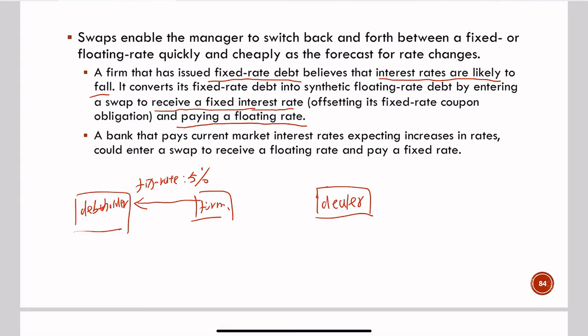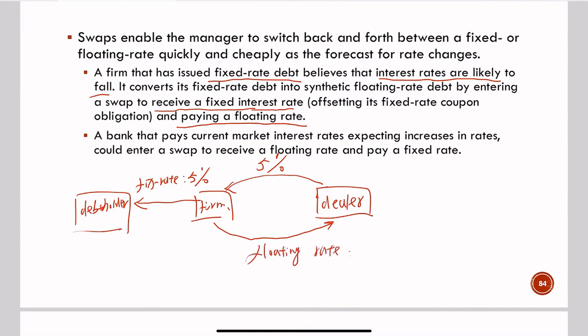What can the firm do? The firm can enter this swap agreement with a dealer. In this case, the firm will try to receive this 5% fixed rate, and it will pay the dealer this market rate, this floating rate.